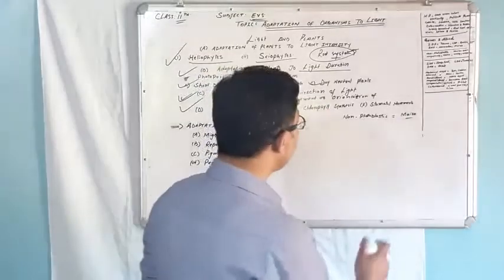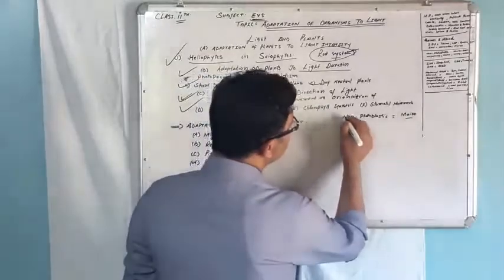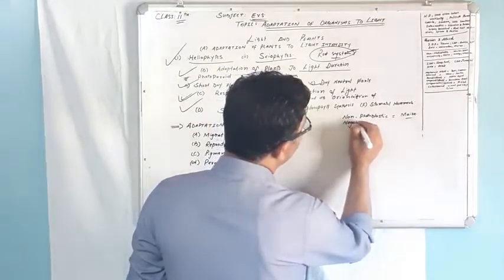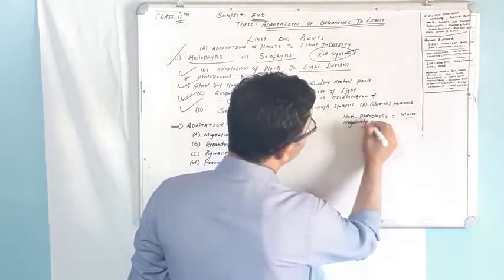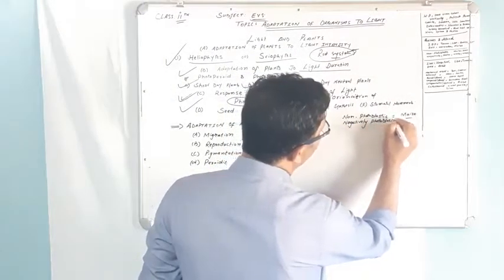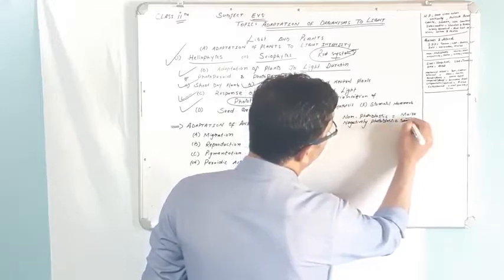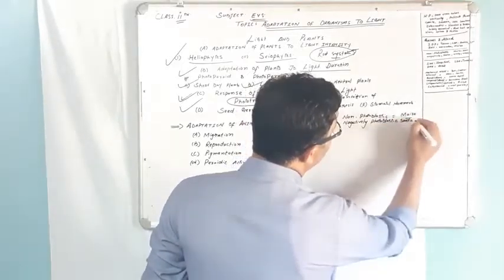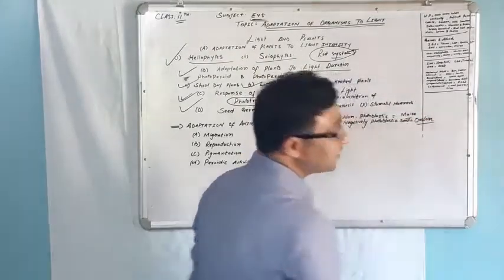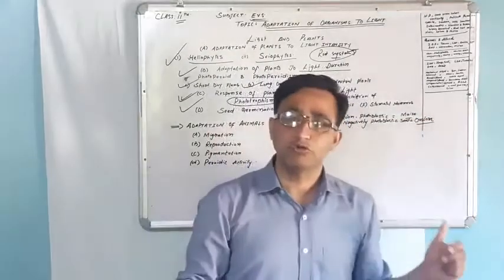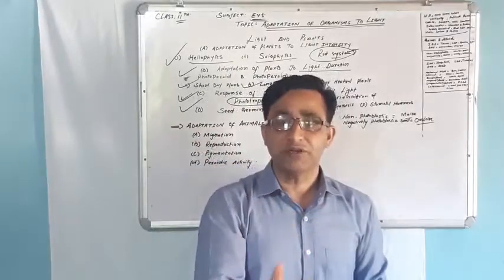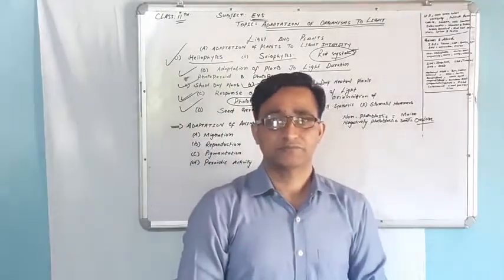On the other hand, there are negatively photoblastic seeds. For example, in case of onion, the onion seeds are negatively photoblastic seeds. That means they germinate in absence of light.